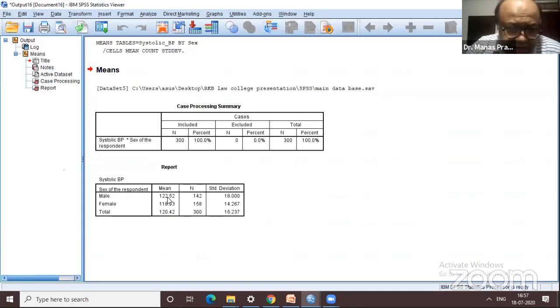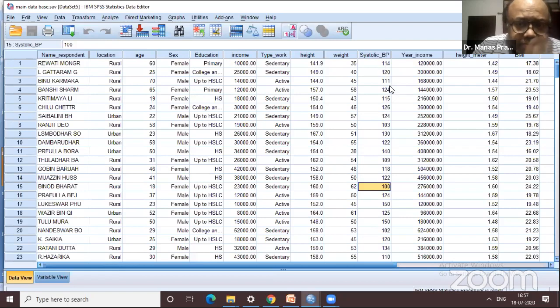Sex of the respondent. For male, the mean is 122.52. For female it is 118.53. So I will show you one more time. This is the total, the overall, which consists of both male and female participants.